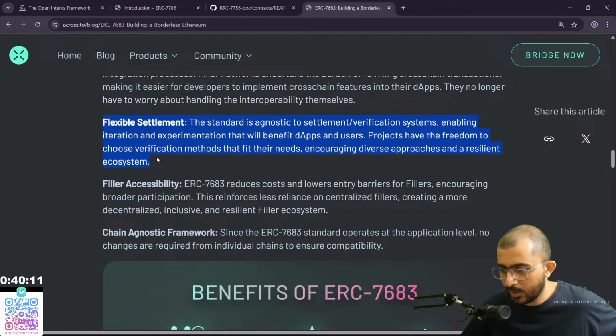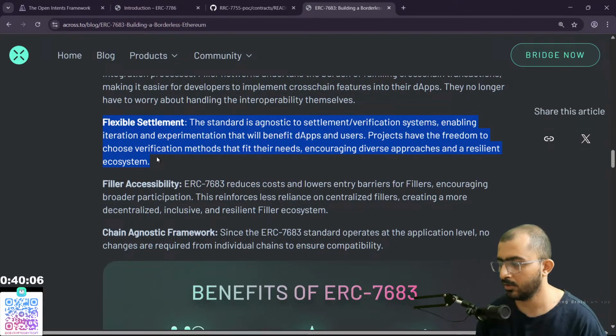Flexible settlements. The standard is agnostic to settlement verification systems, enabling iteration and experimentation that will benefit dApps and users.